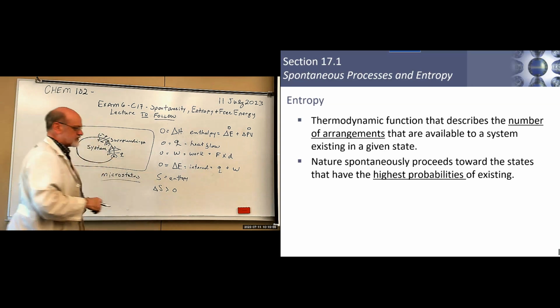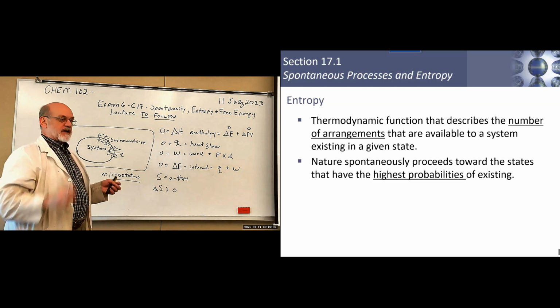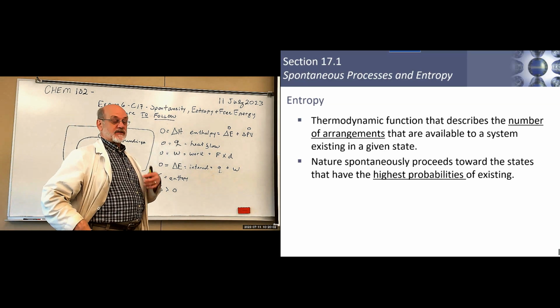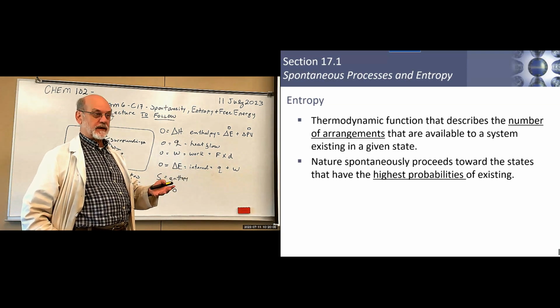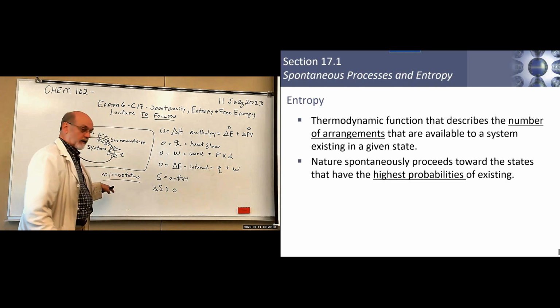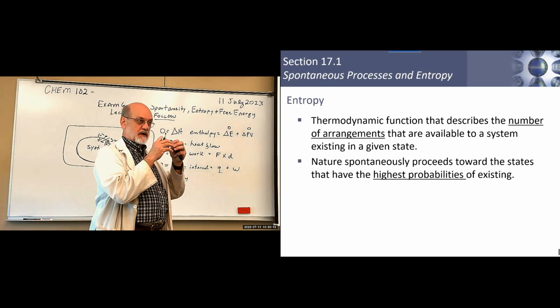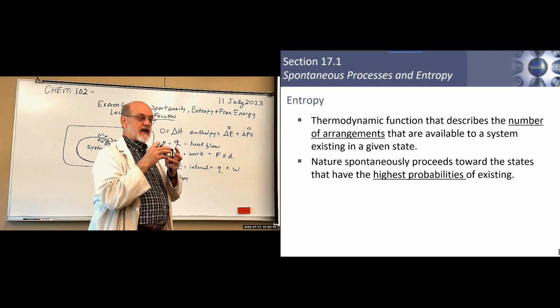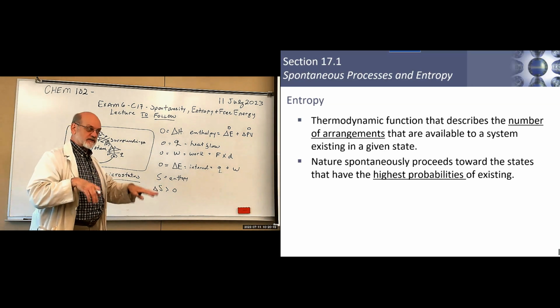The more microstates you have, the higher the entropy. So if you change liquid into a gas, that means it has more microstates available to it, and that's a higher entropy. If you freeze water and fix its molecules into a crystal matrix, then it has fewer microstates available to it, and the entropy decreases.